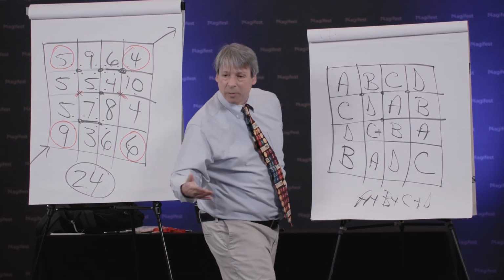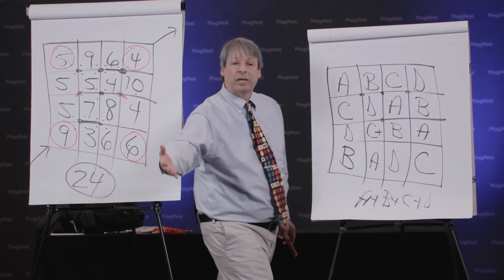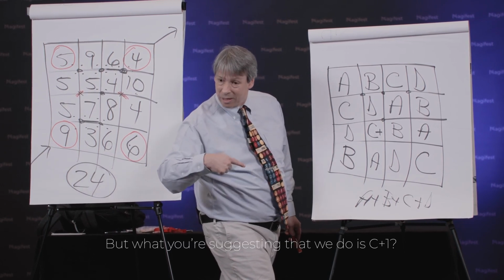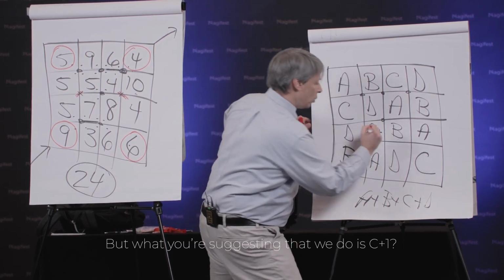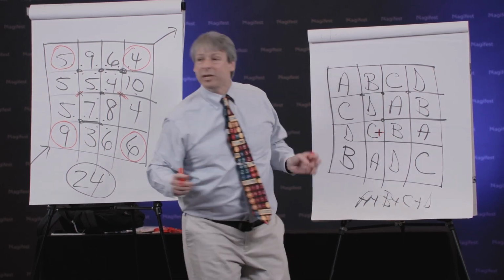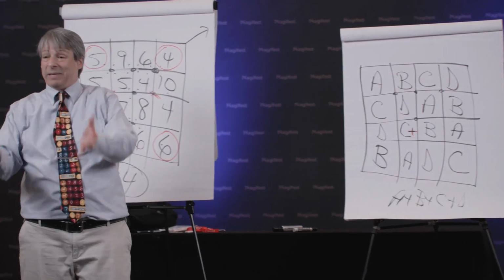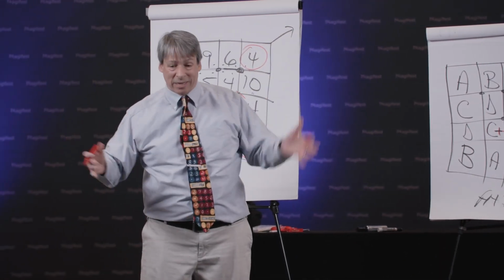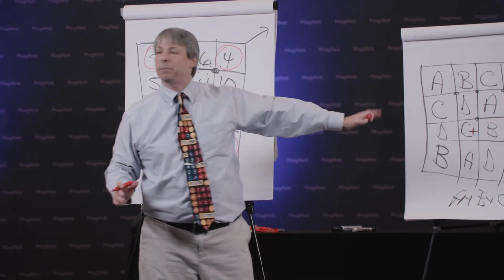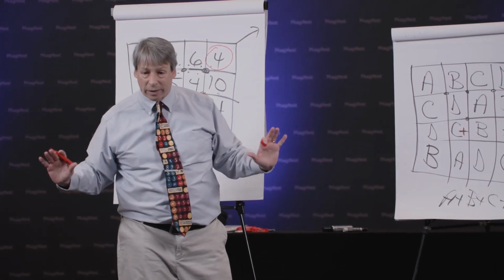C plus any number, it could be C plus 1, it could be C plus 2, it could be C plus negative 1. But what we're going to do is C plus 1. Think of that as meaning C plus 1, but it really could be C plus anything. It could be C plus X. X could be positive, could be negative, but in what we're going to do, we're just adding 1. So C plus is my shortcut for C plus 1.